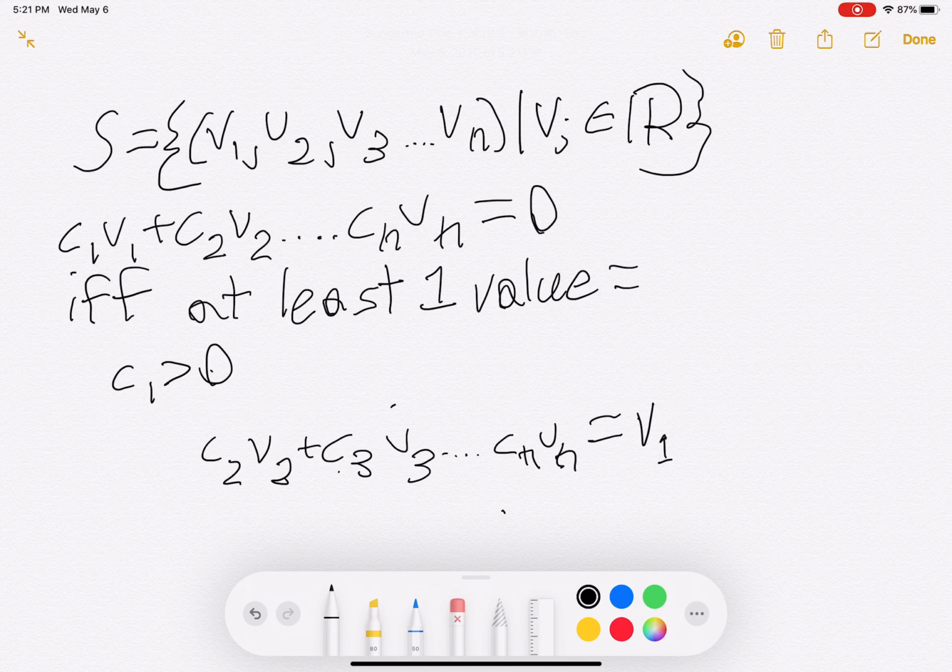So now that we've made this statement, it's pretty trivial to relate it to the first statement, right? We can minus both sides by v1, and then we can get 0. Let me put this to the side.